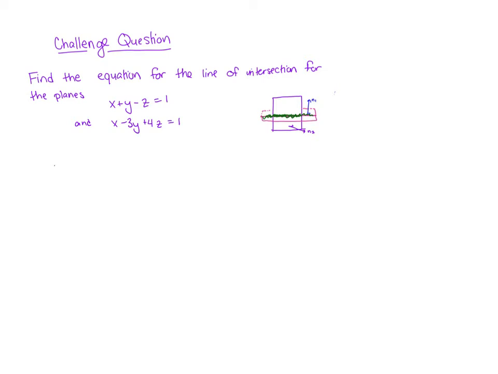Because I want the equation of a line, so let's put this down. I want the equation of a line. So I should be trying to find a point on that line and then the direction vector of that line. So let's think about the direction vector first.